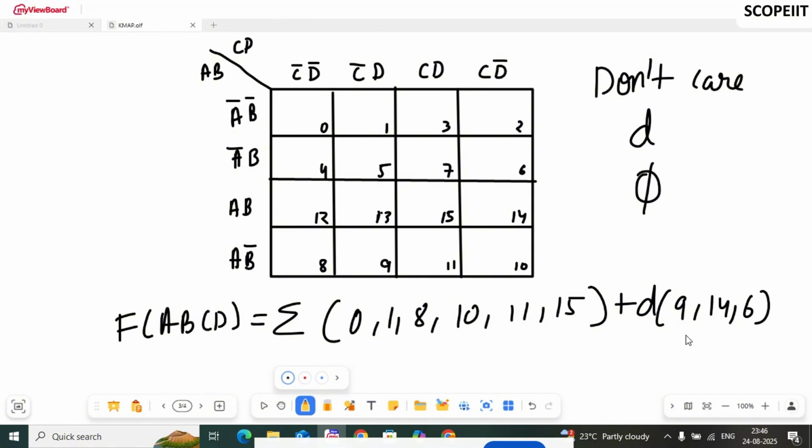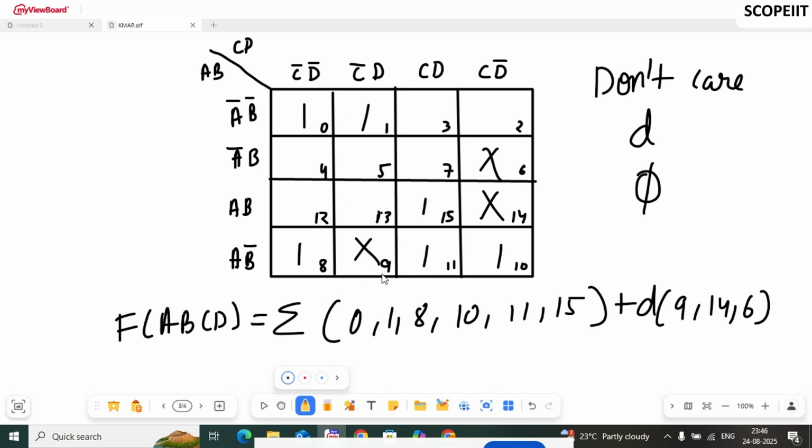So this is what we have. Where we have 0, here we'll place 1, here 1, then 8 is 1, then 1, then 10 is 1, then 11 is 1, and 15 is 1. Then we have don't care at 9, and one more don't care at 14, so we'll place it as X. Here we have one don't care, then 14, here also one don't care, and here we'll have one don't care.